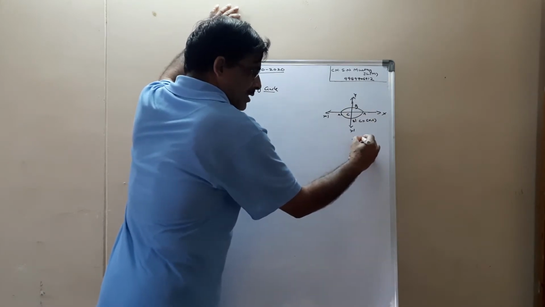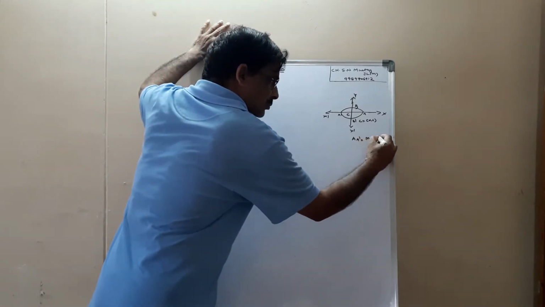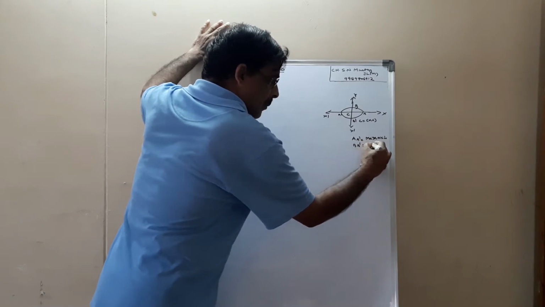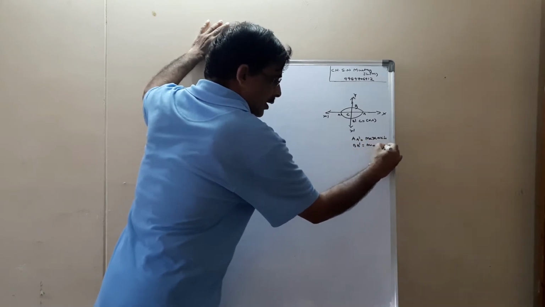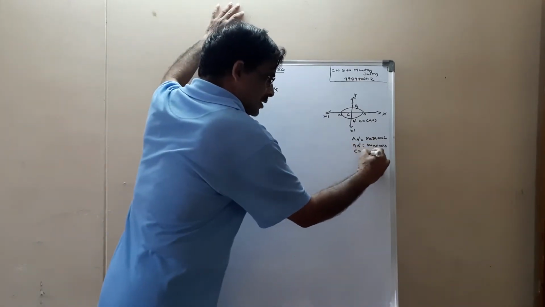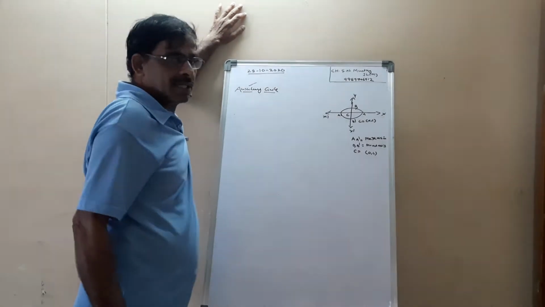What is A dash? A dash is the major axis. You know, B dash is the minor axis. Okay. See, the center of the ellipse is 0, 0. See, we have to define the auxiliary circle.